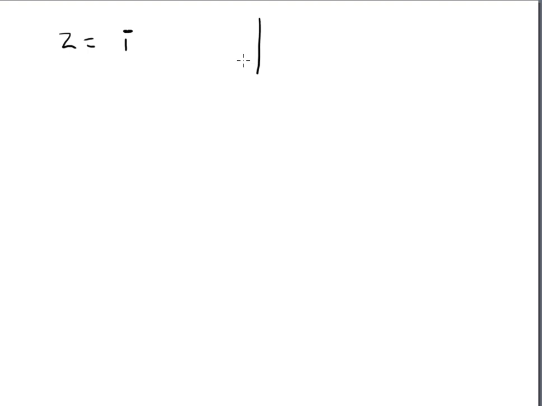For the example we did, we plotted the points somewhere here. We just drew a line from the origin to pass through this point. Now, this is a complex number, and it's made up of two parts, the real and the imaginary.